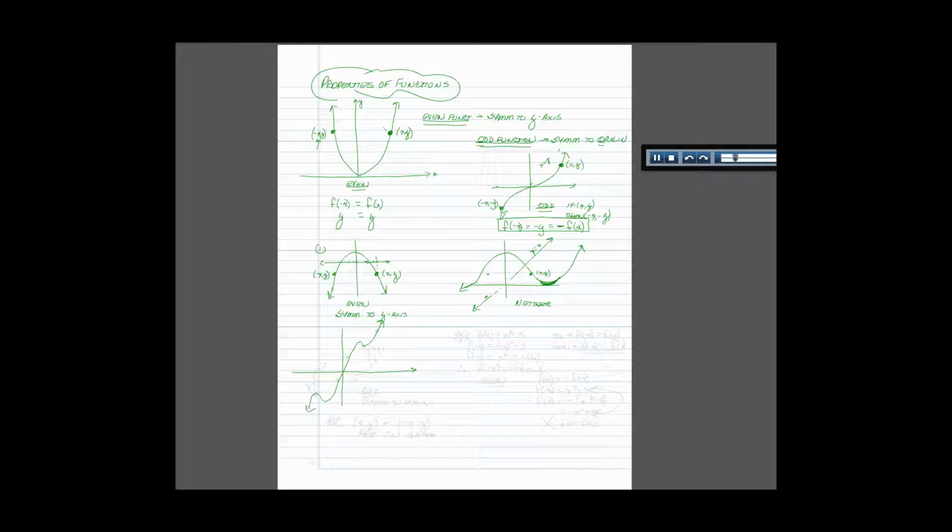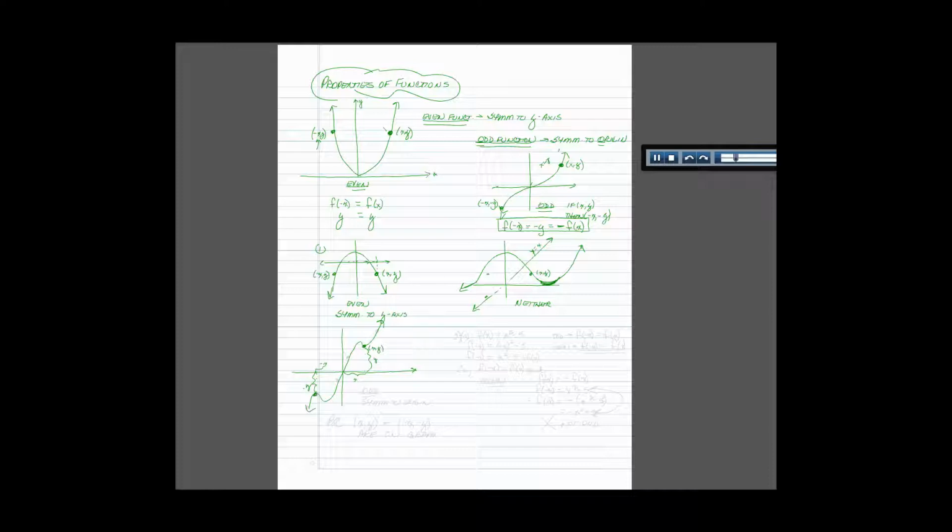Okay, so let's take a point on the graph, a point here, (x, y). So that point went over x and up y. So if I can go over the same number of x's and down the same number of y's, that would be a negative x and a negative y.